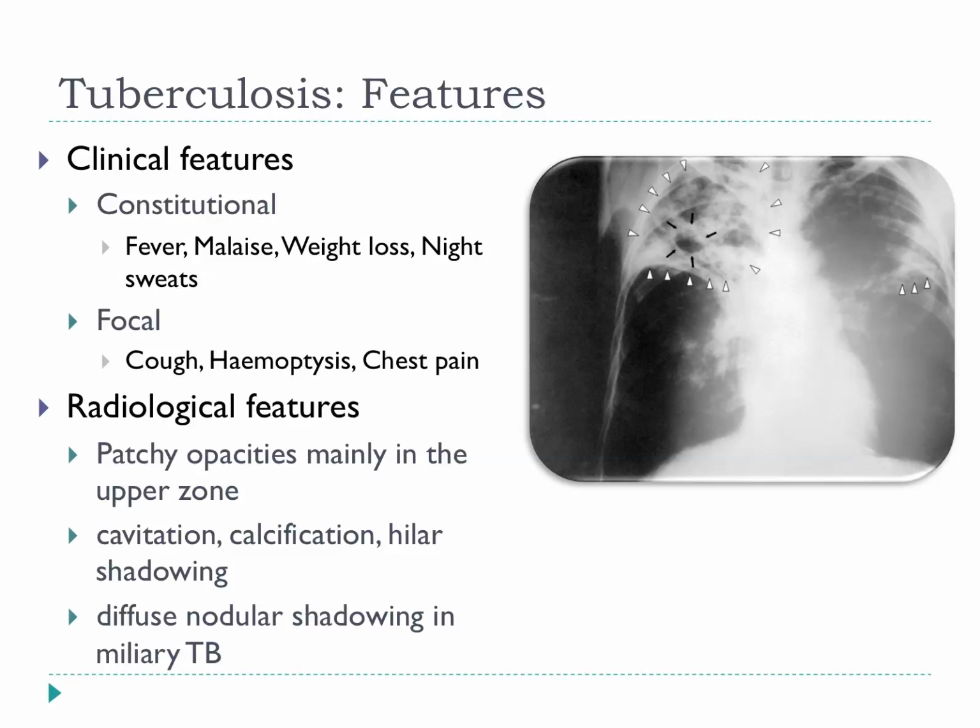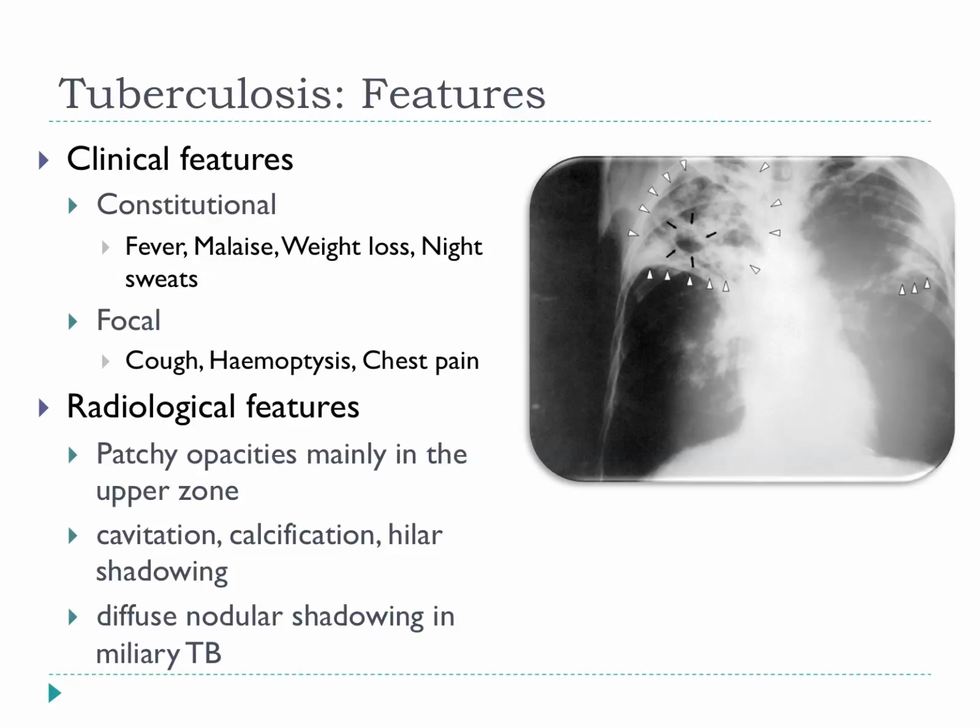So what does it look like clinically when you actually have active tuberculosis, when your latent disease reactivates? Well, we mentioned some of the signs already: fever, malaise, weight loss, night sweats, cough, hemoptysis, chest pain. On the X-ray, we see what we call patchy opacities in the greyed out areas, mainly in the upper zone of the lung here. And you can see also that there's a cavity surrounded by those arrows there.